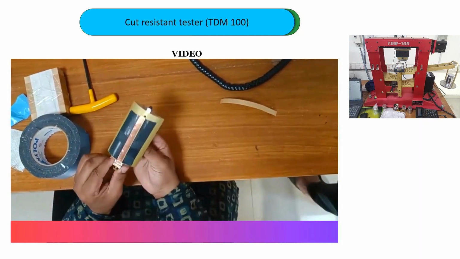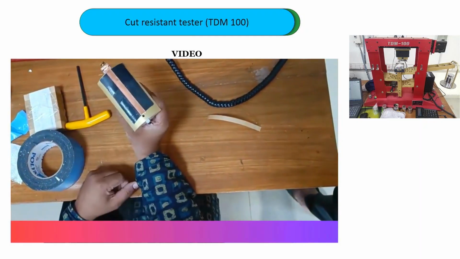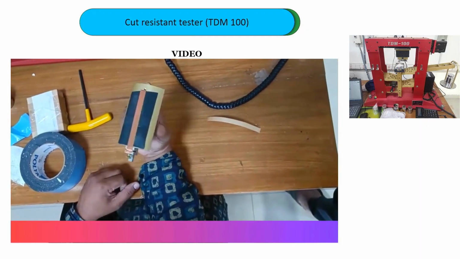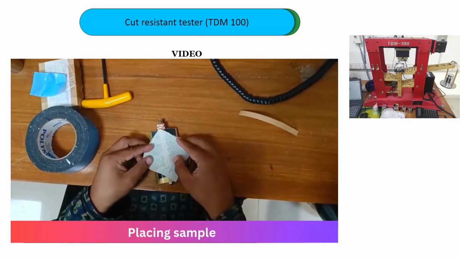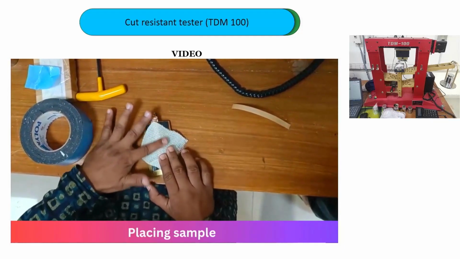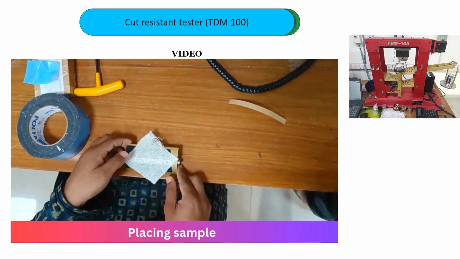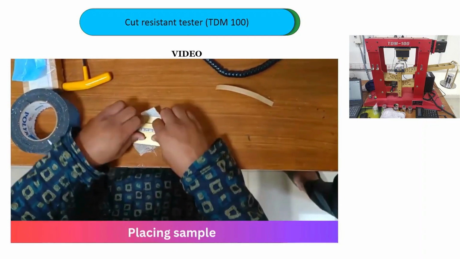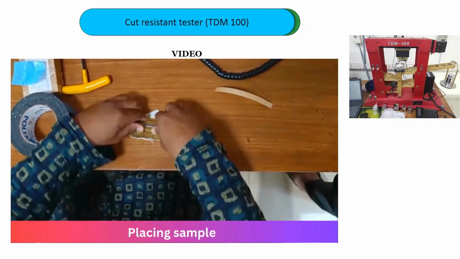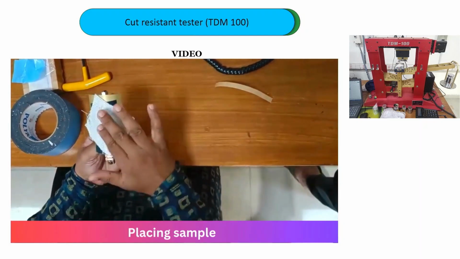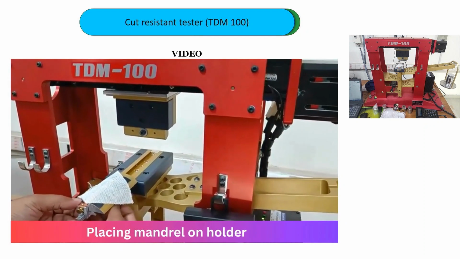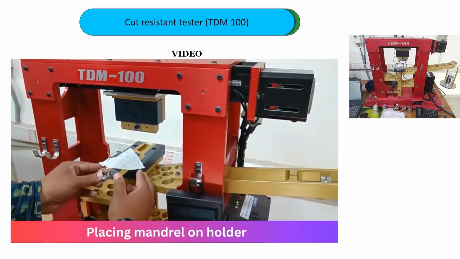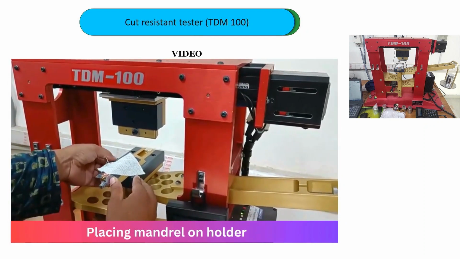Now, on this anvil we will place our specimen. This specimen is placed and stuck with the gum tape. Then we place this entire system into the instrument.